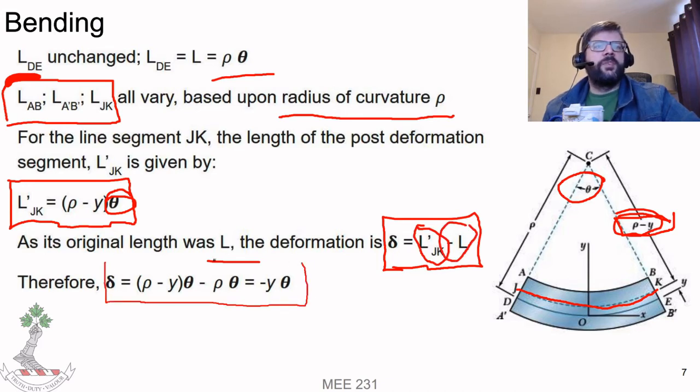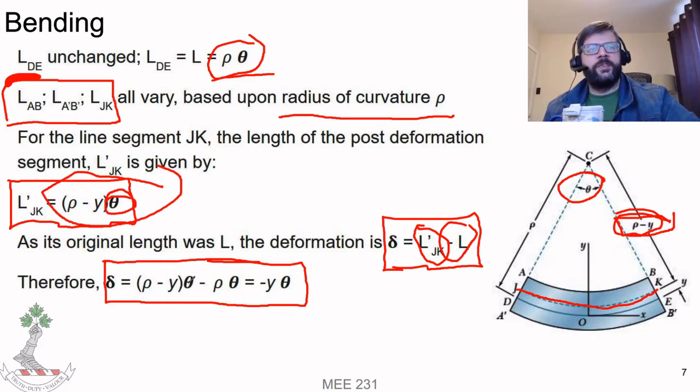Putting it in terms of these terms, we get our new length, rho minus y times theta, minus the original length, which is rho theta, gives us a delta of negative y theta.